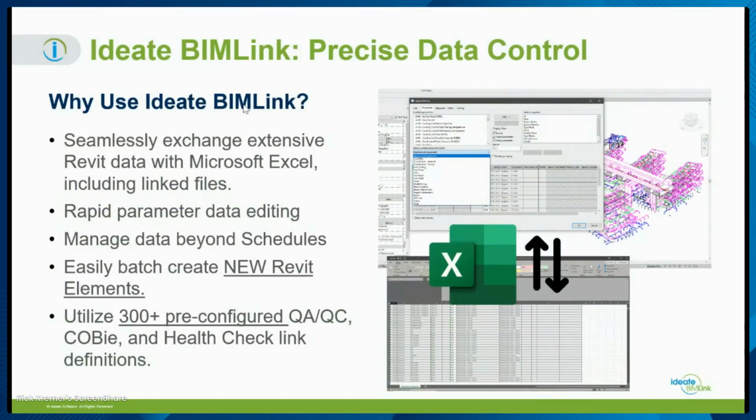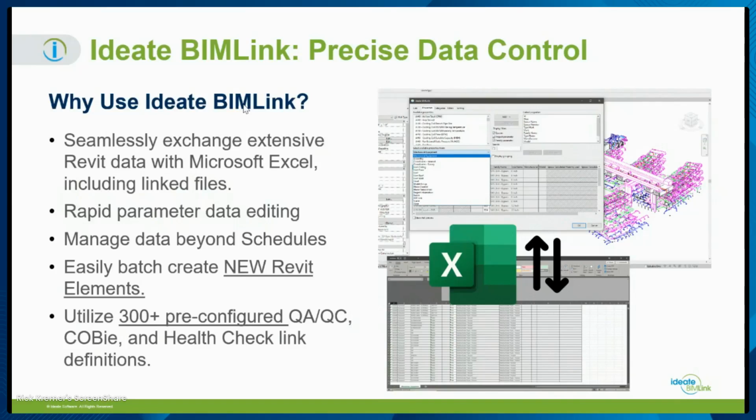Ideate Link is a software application that allows us to seamlessly exchange information from Revit to Excel and back. You can use the power and ease of Excel to fill out information, create new information, and have that information populate back into Revit. Nice and easy.